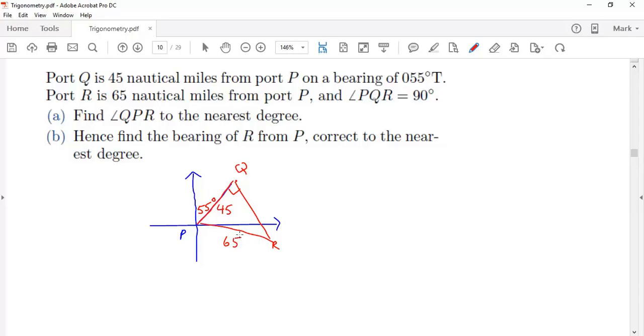Part A is find angle QPR. We know that we have this side there, so that's adjacent, and that's the angle there. Adjacent and hypotenuse, so that's cos.